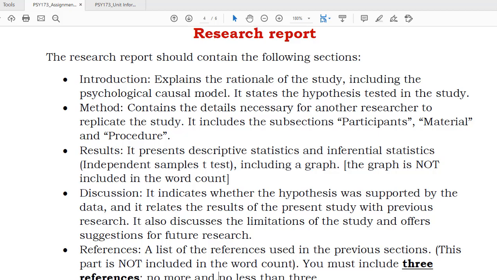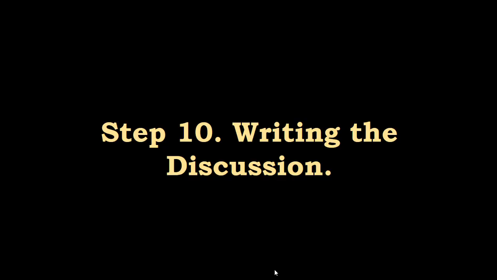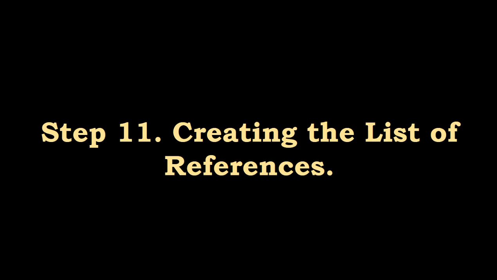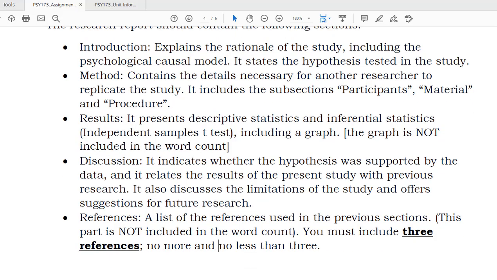That definitely has to be there, and whether this is in line with previous research or not, and if you have space, you discuss the limitations of the study and offer suggestions for future research. Our next step is creating the list of references, and you're going to create it based on these 3 articles, no more than 3, no less than 3.